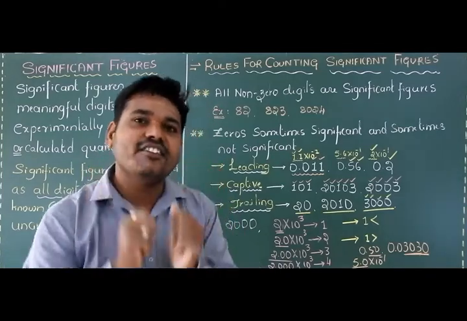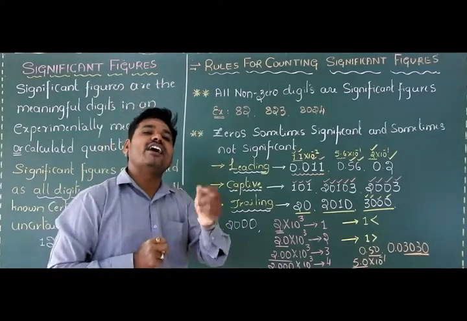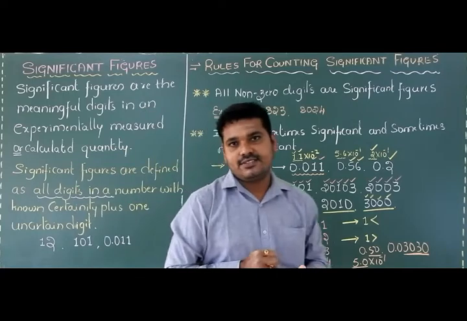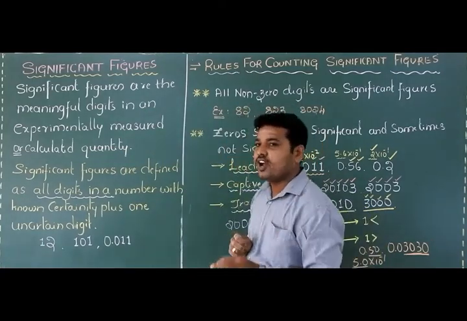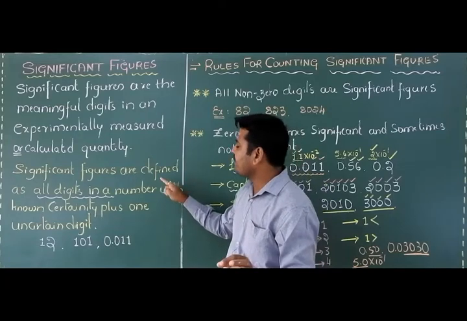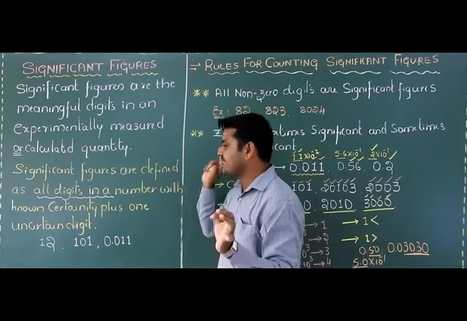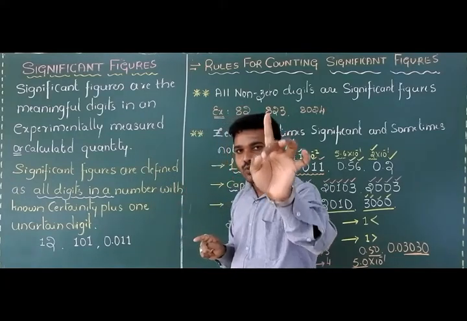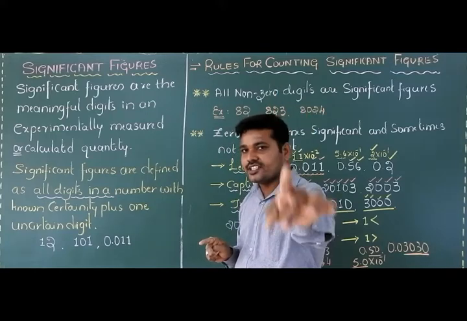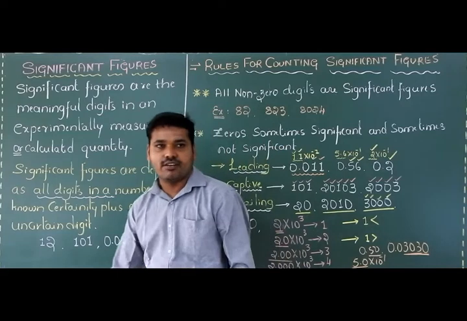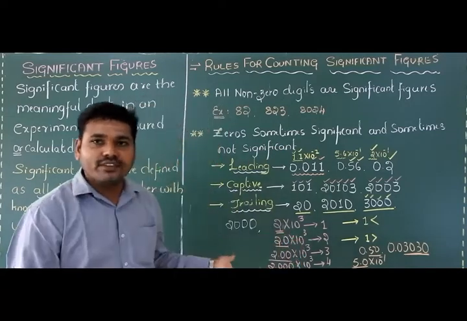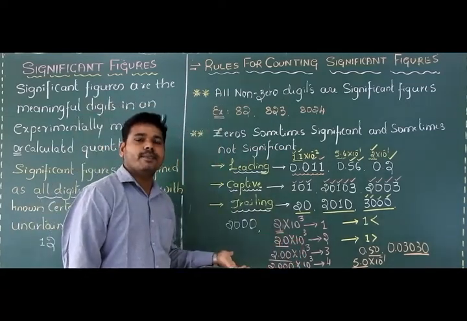And these significant figures are defined as all digits in a given number with known certainty plus 1 uncertain digit. That itself we call the significant figure concept. Is there any doubt in this concept, students?